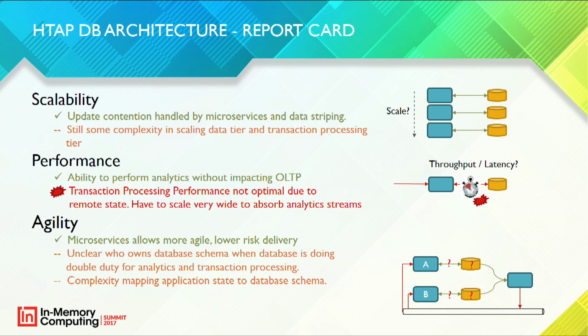So there's still a couple challenges with the vanilla HTAP DB architecture. We've got scaling fairly well under control. We can scale horizontally by striping our data. Still a little bit of complexity we have to deal with as application architects in how to scale the data tier along with the transaction processing tier, but we can surmount those.